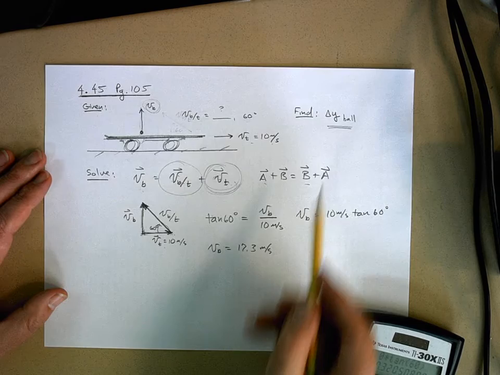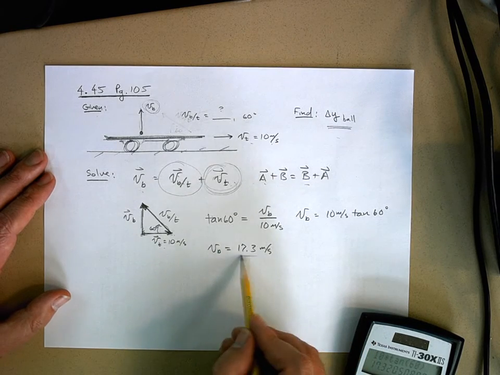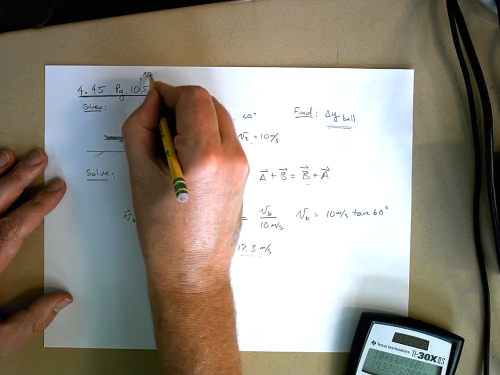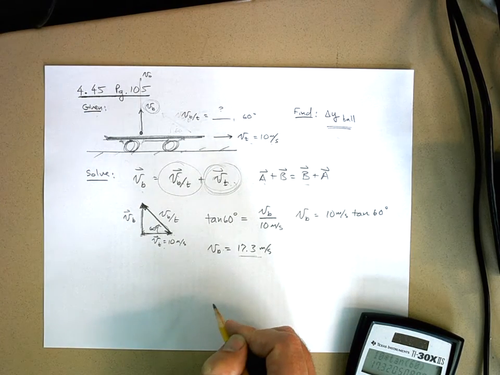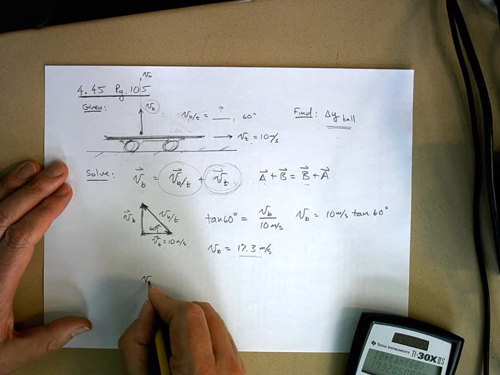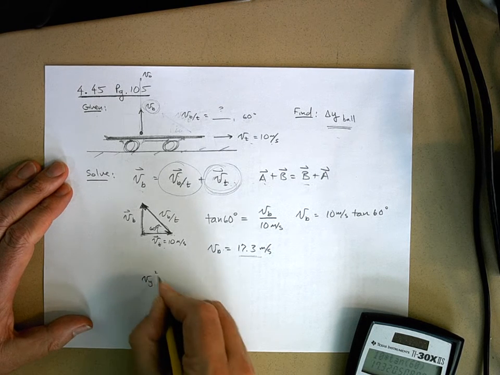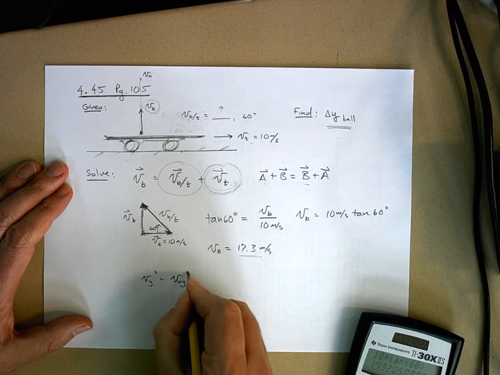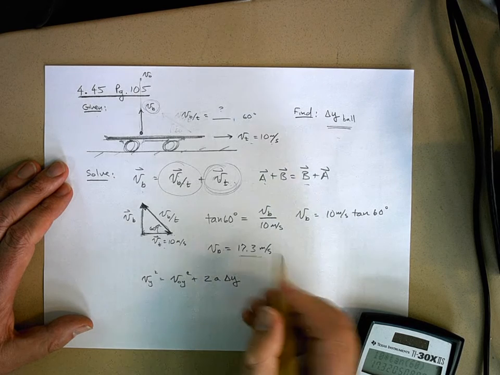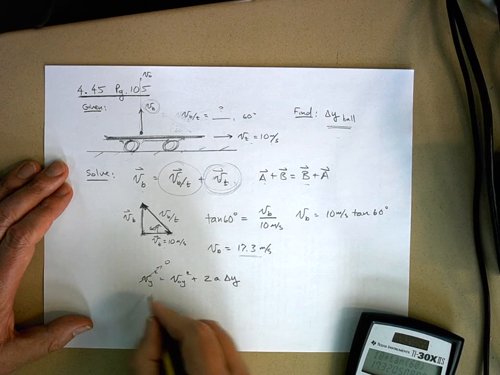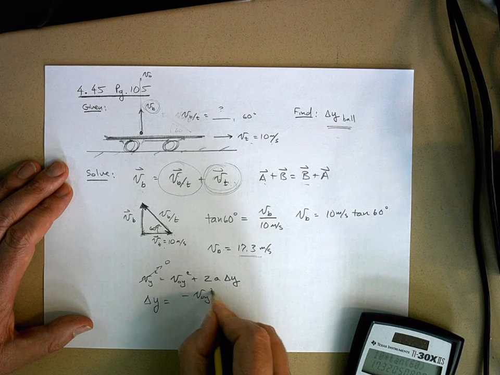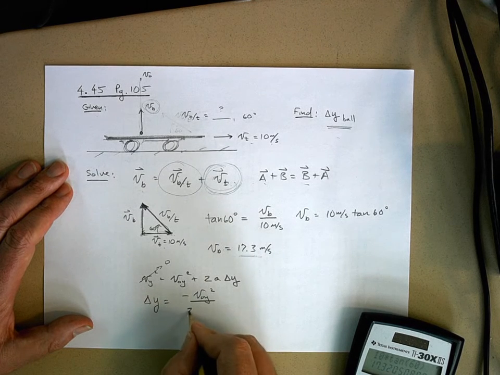Now I want to know how high the ball is going to go. I know its initial velocity, and I know its final velocity at the maximum height is 0. I don't know the time, but I don't need it. So I'm going to use the fourth kinematic equation: Vy squared equals v naught y squared plus 2a delta y. Since Vy is 0, delta y will be equal to negative v naught y squared over 2a.